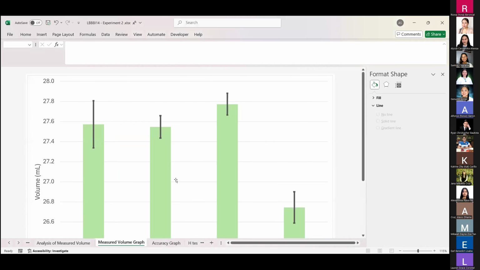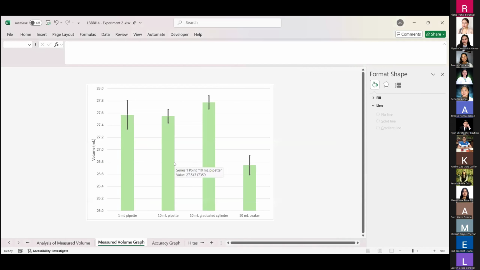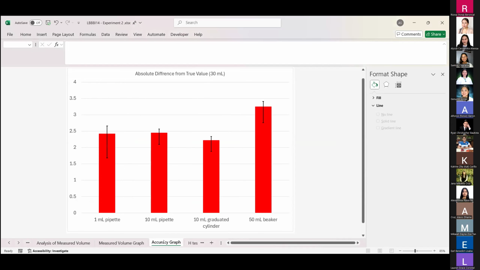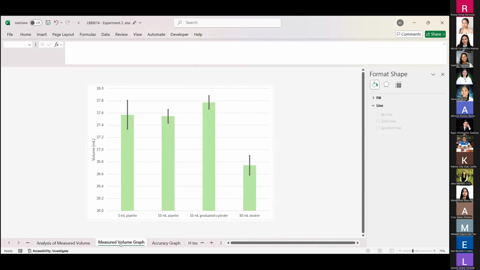This one, Miss, we call this total volume measured. But this one, Miss, is for the difference from 30 millimeters to true value. Okay, so you have two graphs, one representing the mean, right? Yes, Miss.